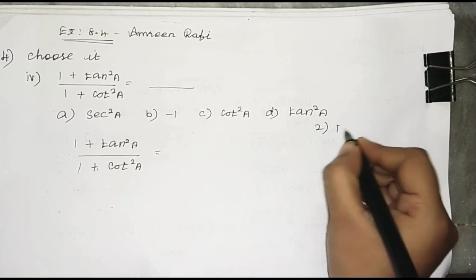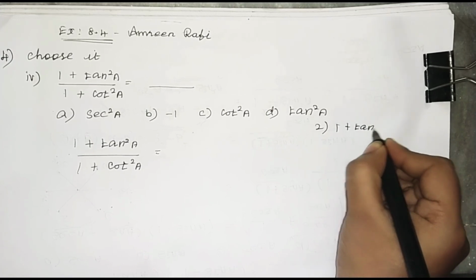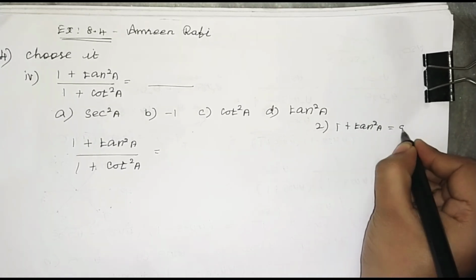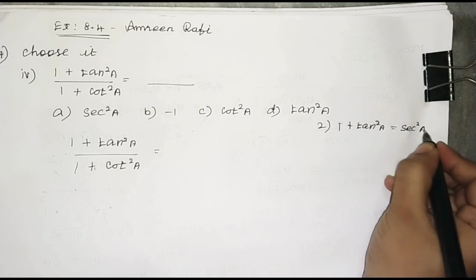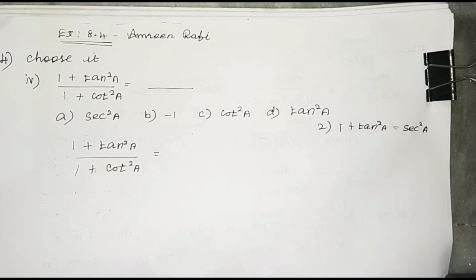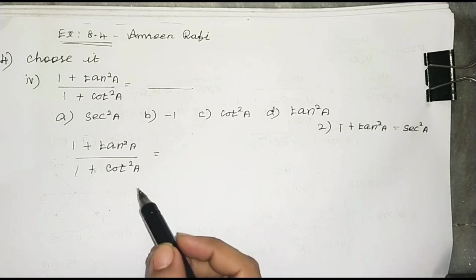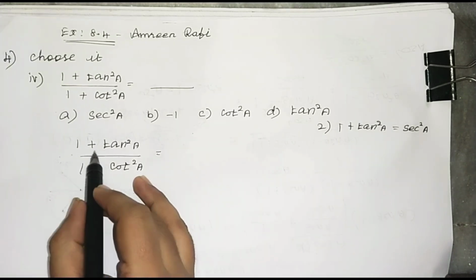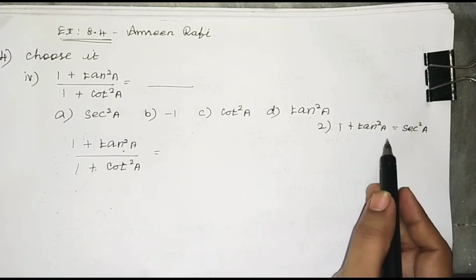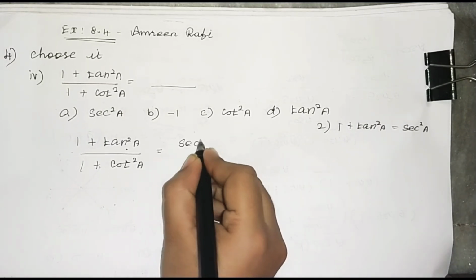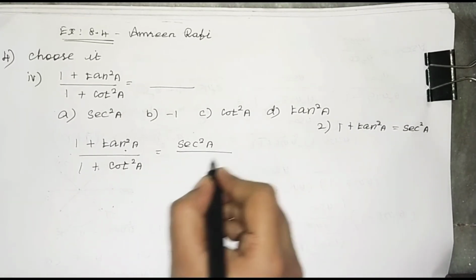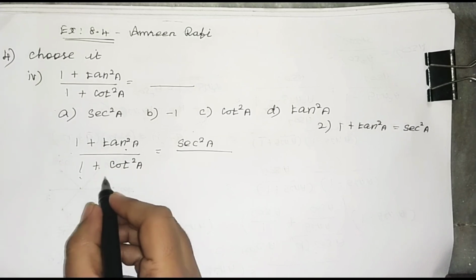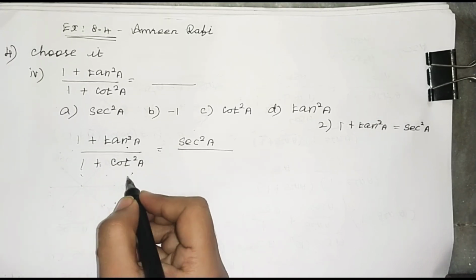The second identity is 1 plus tan squared A equal to secant squared A. Dear students, memorize all the trigonometric identities, then only you can write easily. 1 plus tan squared A, we can write secant squared A. The denominator 1 plus cot squared A. Which identity?